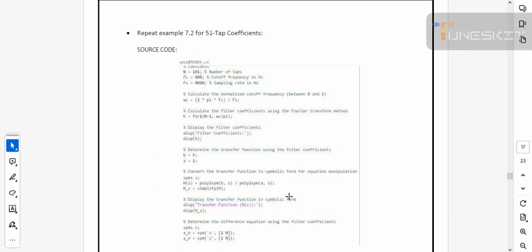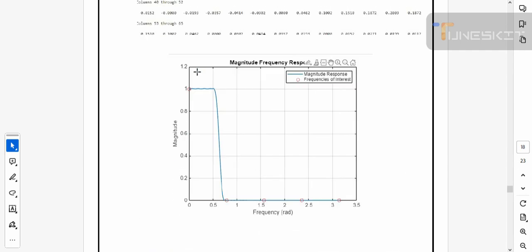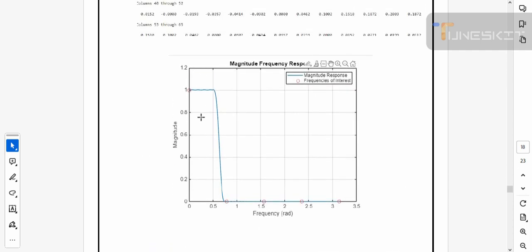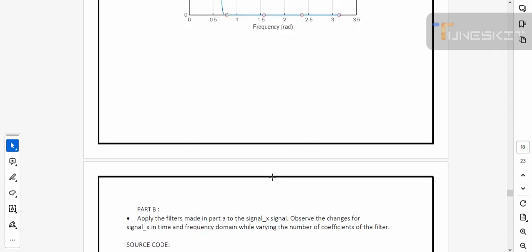In this part, we have to plot the example for 101 coefficients. Just use the same code and simulate. Then we find this magnitude frequency response.